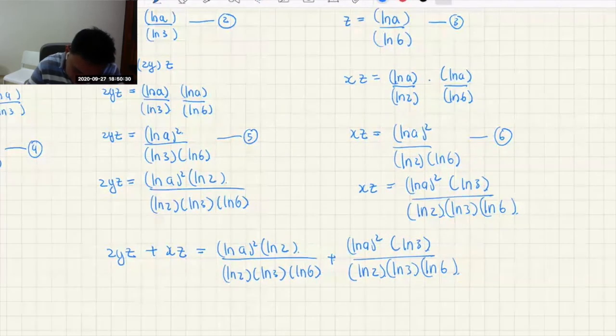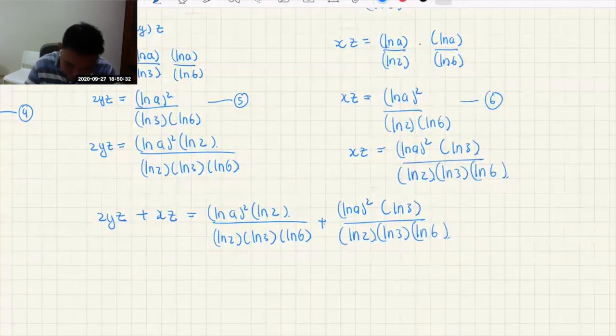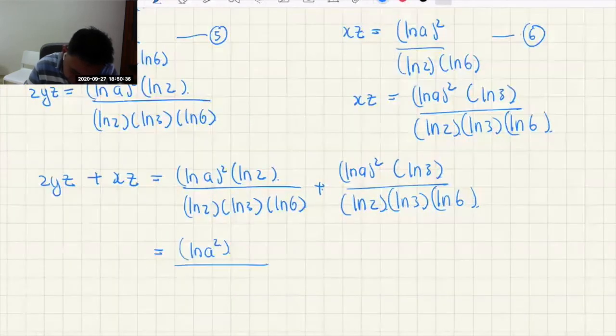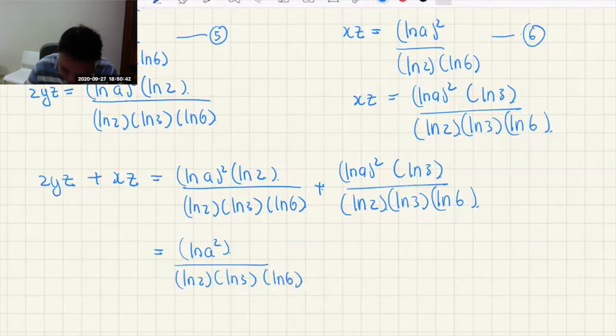Then we factorize ln a square over ln 2, ln 3 and ln 6. Then the difference is ln 2 plus ln 3.